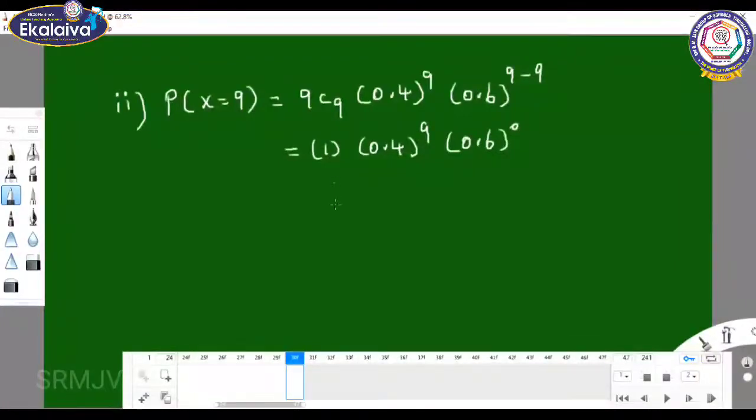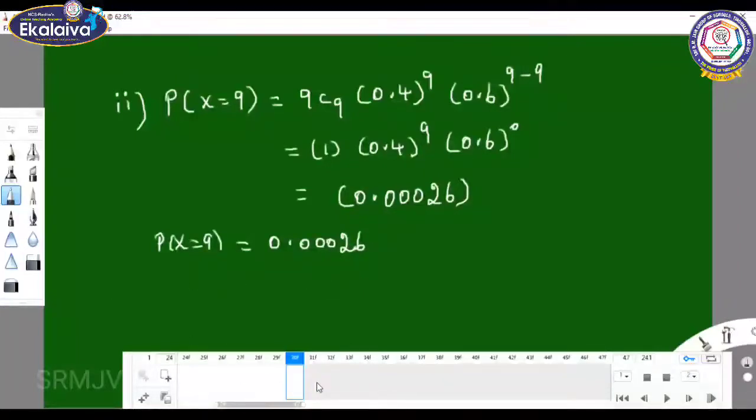Anything to the power 0 is 1. So what is the value we are getting? 0.00026. So P of x equal to 9 is 0.00026. Next, what is the next one?